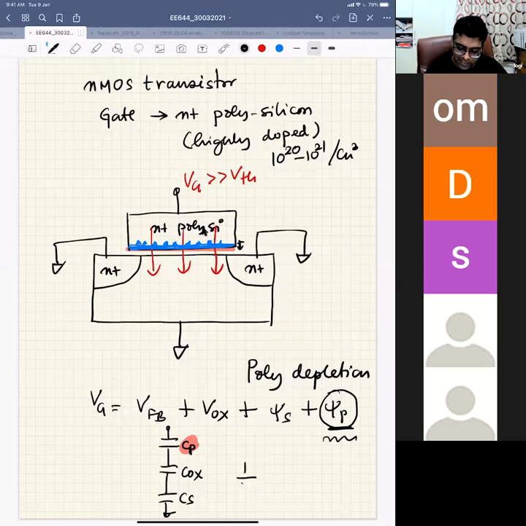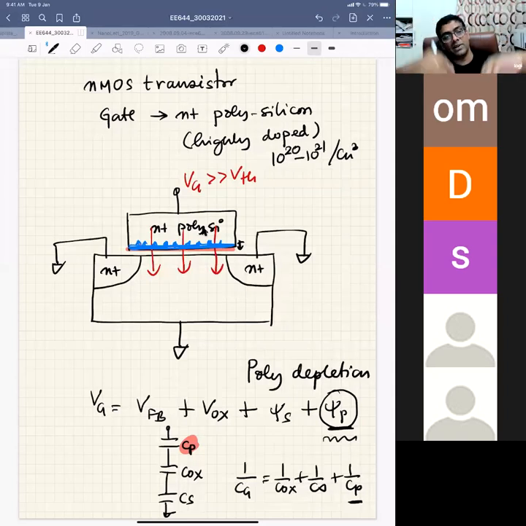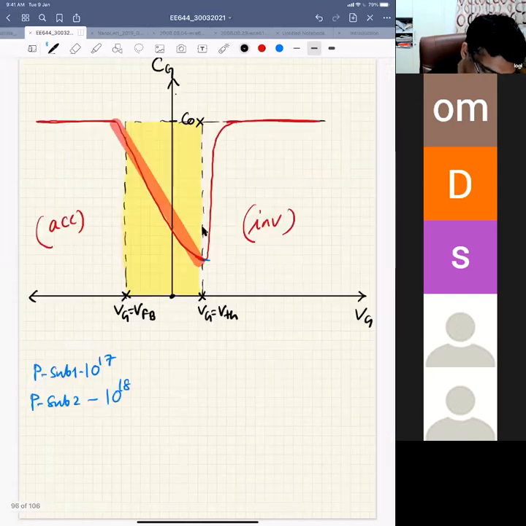So your 1 by CG will be 1 by COX plus 1 by CS plus 1 by CP, and this is a depletion capacitance. As you go on increasing the electric field, your CP will reduce, so that will have an effect on the CV characteristic.